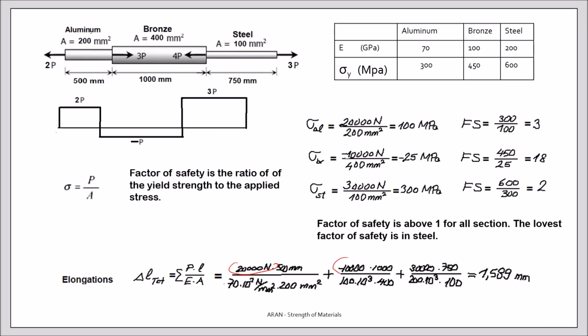Region 2 minus here plus. These are the length of the regions. These are the sections. And these are the elastic modulus of the sections. If you do these calculations, and at the end you have 1.589 millimeter elongation.